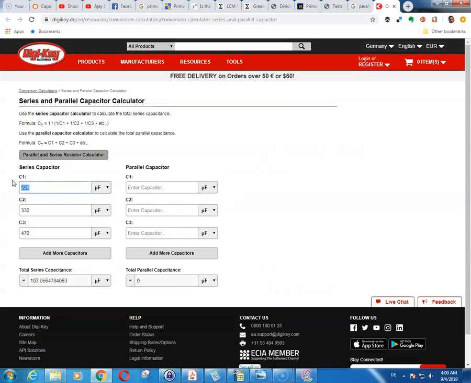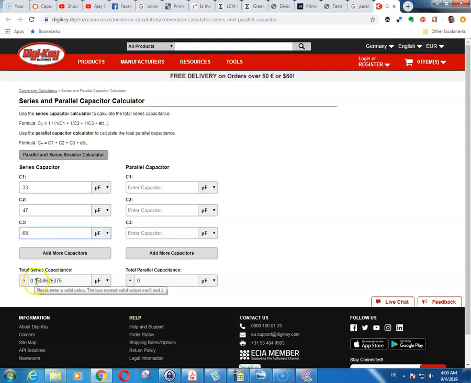For example, enter your capacitor as 0.33 in microfarads, and then 0.47 in microfarads, and then 0.68 in microfarads.